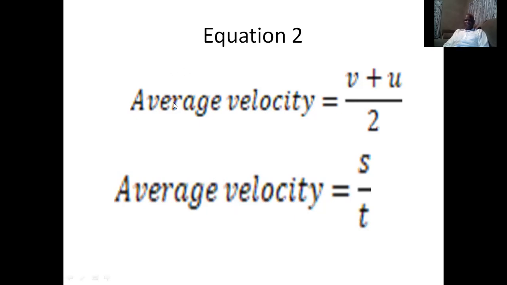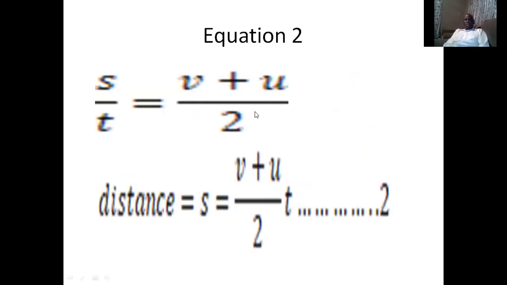And therefore, since average velocity is equal to final velocity plus initial velocity over 2, and it's the same as displacement over time, you can equate these. This is what we have done here. We have equated displacement over time to final velocity plus initial velocity over 2.